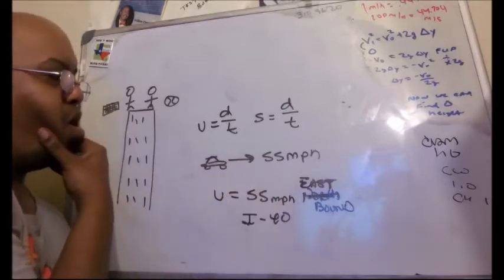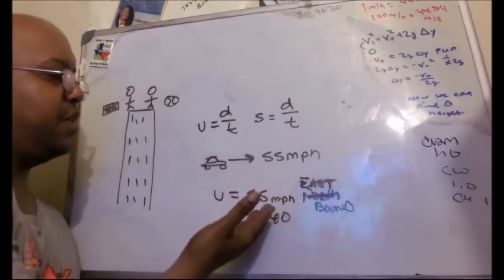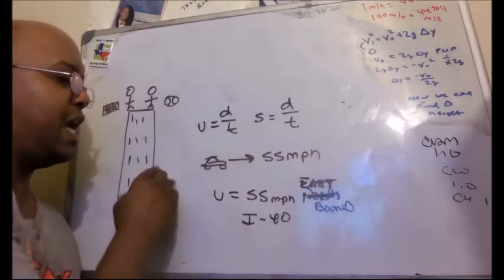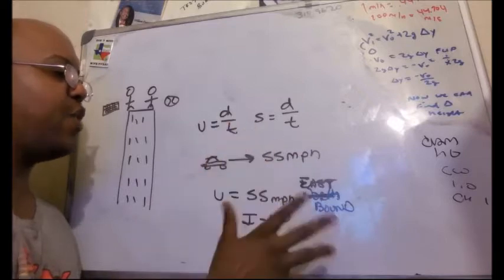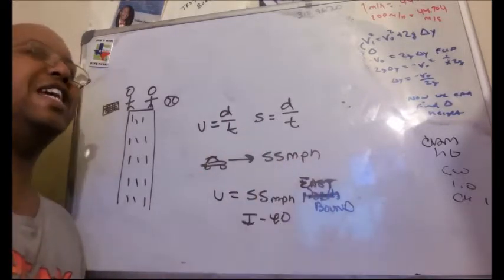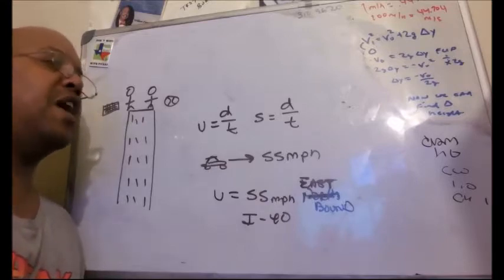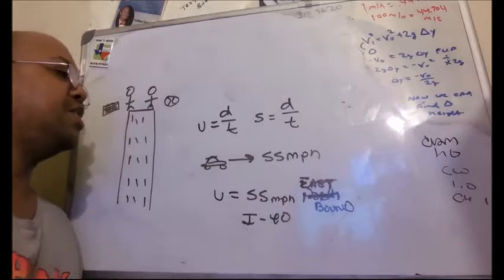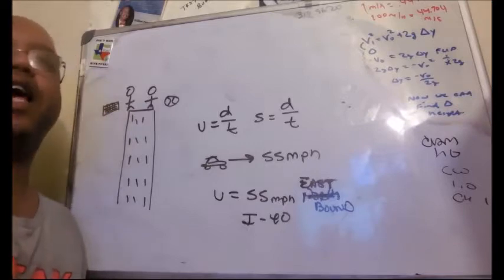But that's the difference. You could be going 55 miles per hour, period, and that would indicate speed, or velocity indicates direction: 55 miles an hour east. The plane is traveling 250 miles per hour northwest. So that is the difference, and you could be asked that on the test.